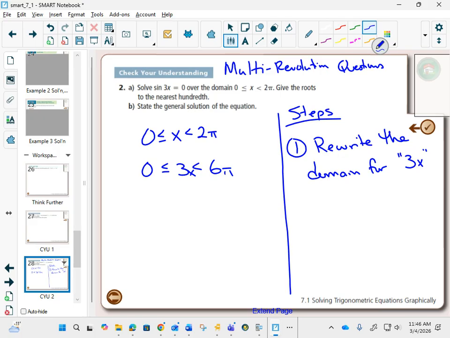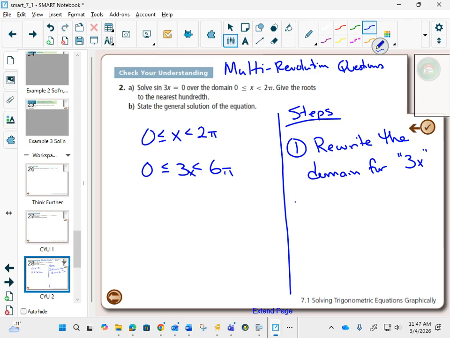On the unit circle, 0 to 6 pi is once, twice, 3 times around the circle. That's why I came up with the name multi-revolution: we're going around the circle more than once. So step 1, rewrite the domain for 3x.